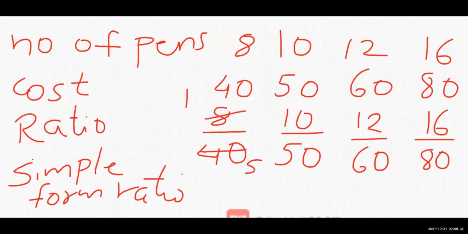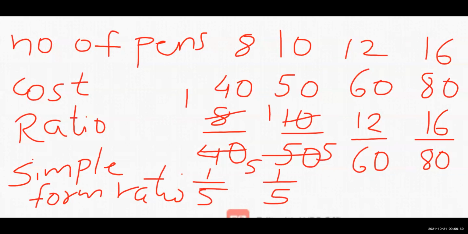So what is our ratio? 1/5. Now 10 and 50 also go by the table of 10. 10 ones are 10 and 10 fives are 50. So here what ratio did I get? 1/5, same.